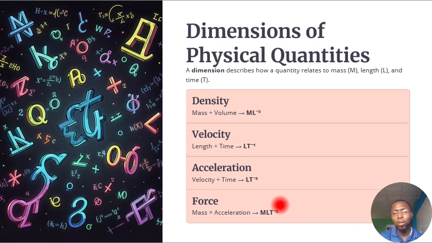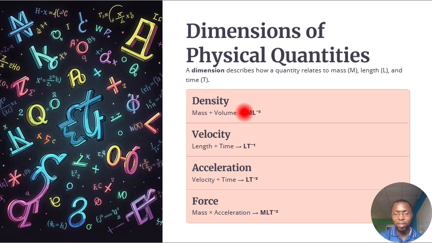Okay, there's another aspect of physical quantity that we need to talk about, and that is dimension of physical quantities. We have looked at fundamental quantities and derived quantities, but then we also have the dimension part of it. The dimension part of it just describes how these quantities are related to three major quantities: mass, length, and time.